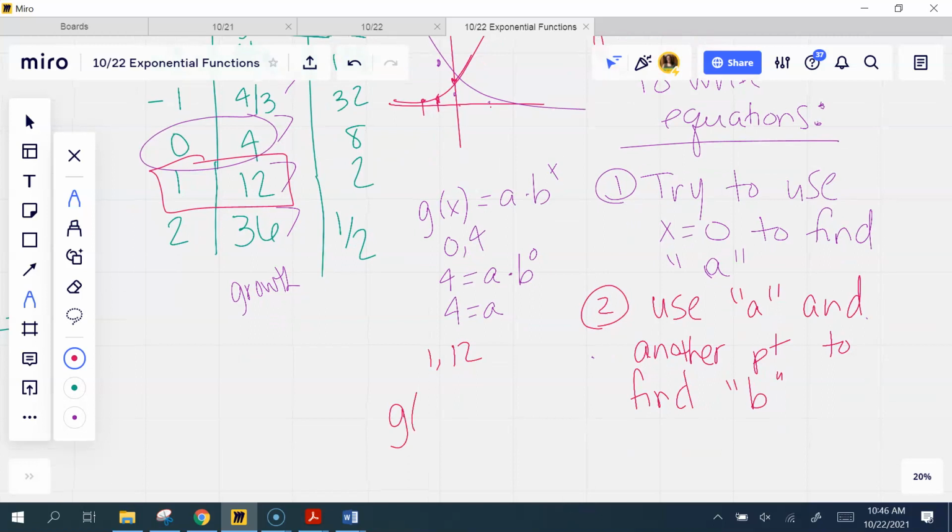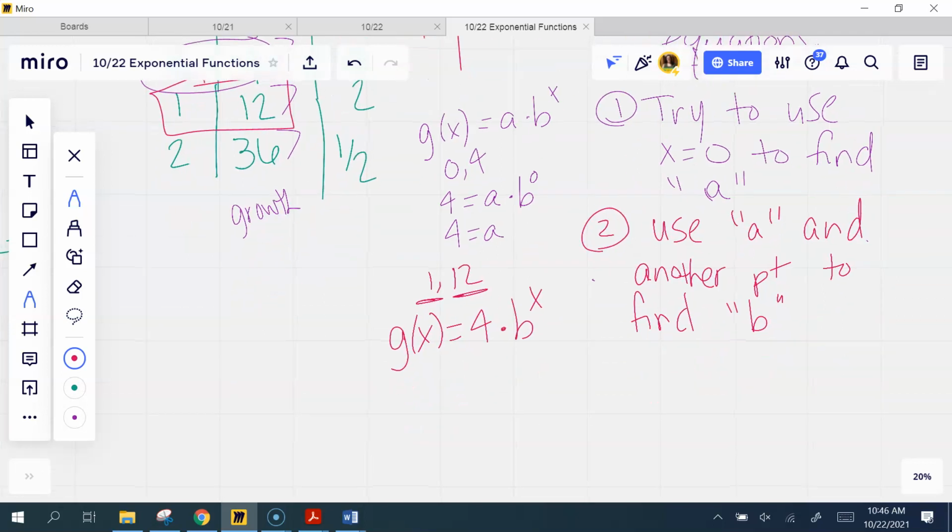So I know A, remember, is 4, and then I've got B to the x. So I'm going to use 1 for x and 12 for y. Divide by 4, and I get B is 3.